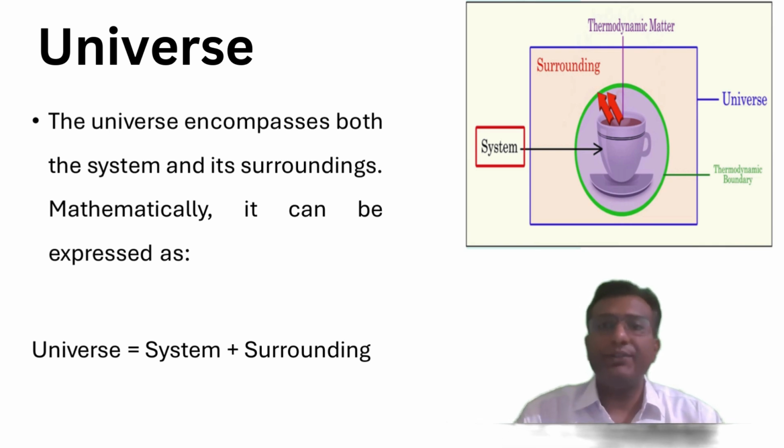The universe is simply the sum of the system and its surroundings. Mathematically, we express this as universe equals system plus surroundings. Take an example of a car air conditioning system. The system includes the compressor, refrigerant, and condenser, while the surroundings include the external air and cabin space.